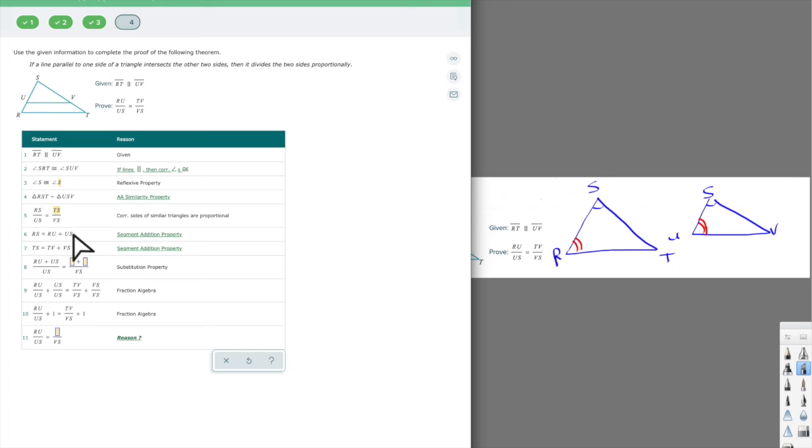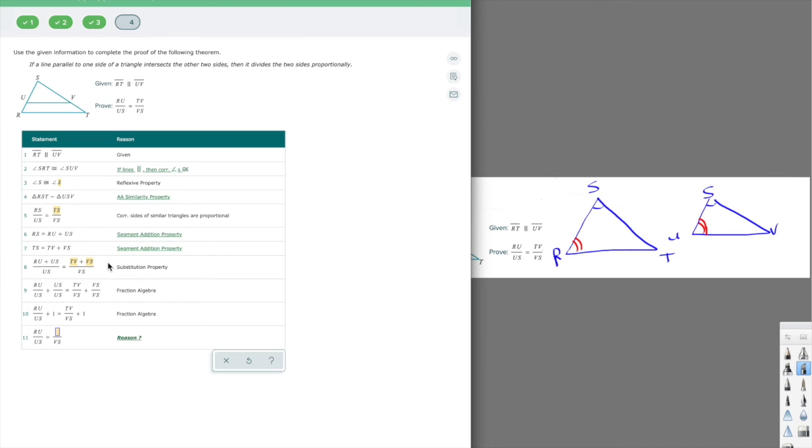So instead of RS in step 5, in step 8 we're replacing it with this segment addition we just included. And instead of TS, which was step 5, we're going to replace it with TV and VS, because that's what we just showed that TS equals. We're just substituting these pieces.